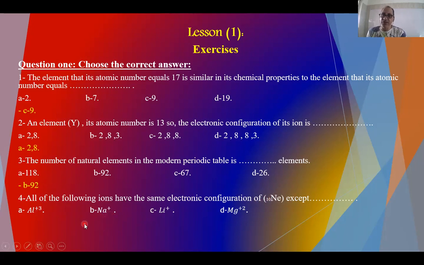Na is 11, 2, 8, 1. 1 positive means it loses 1 electron, so instead of 2, 8, 1 it becomes 2, 8, like Ne. Let's see magnesium Mg 12, 2, 8, 2, it is going to lose 2, so it becomes 2, 8 like Ne. But lithium is 3, 2, 1, it is going to lose 1 and only 2 remains. So it has a 2 configuration, not like Ne, so the answer is lithium.